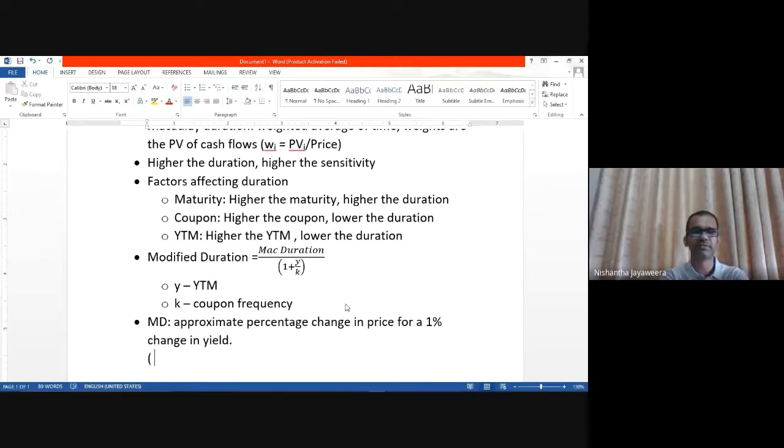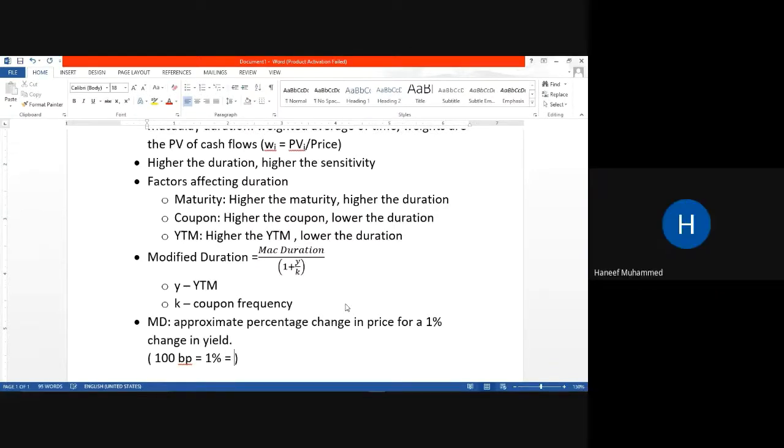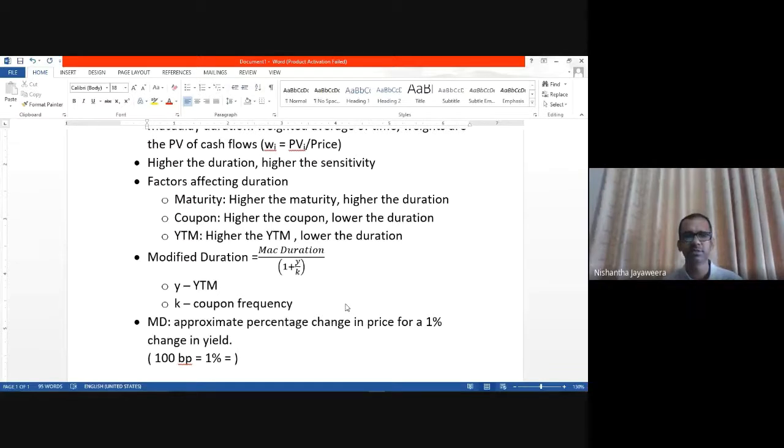What does it mean? Remember that 100 basis points means 1%, or in decimals, 0.01.